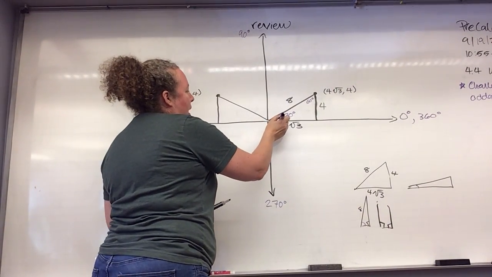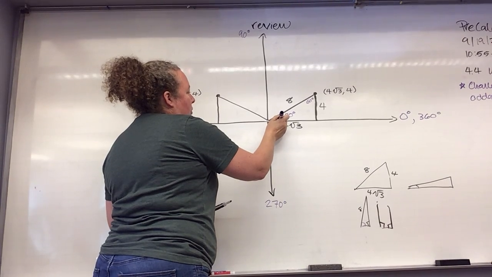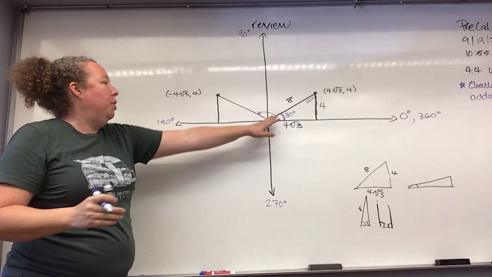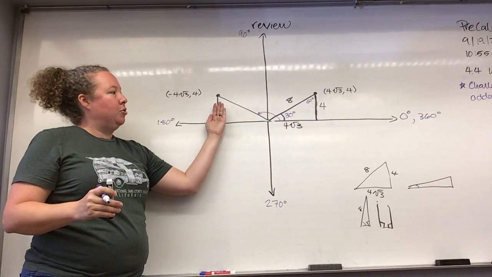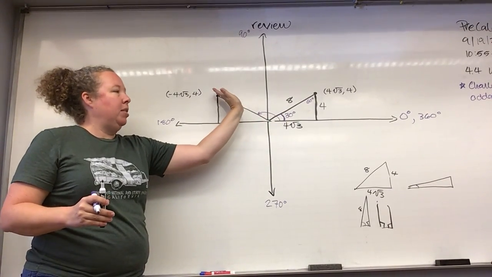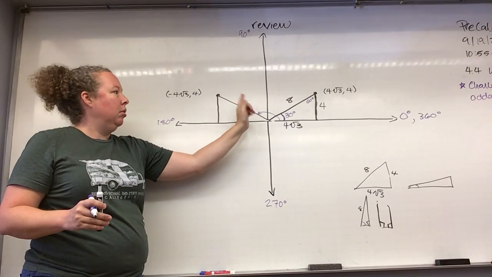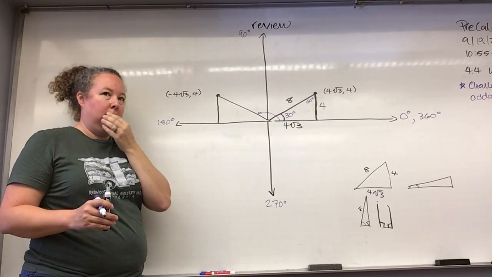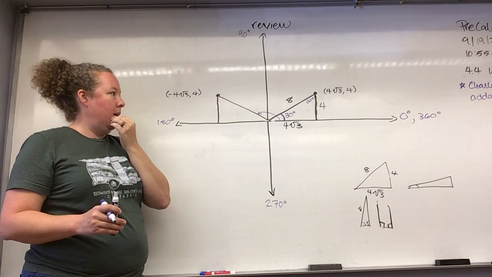So we've rotated, we've gone past the 30, past the 90, but if we've created an exact reflection by stopping the hypotenuse right here, how many degrees then must this be?